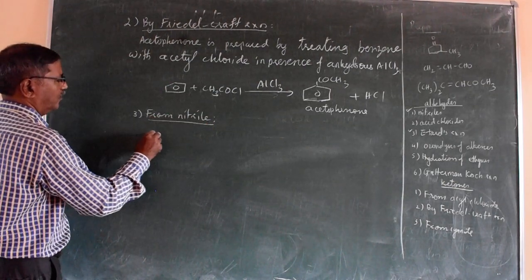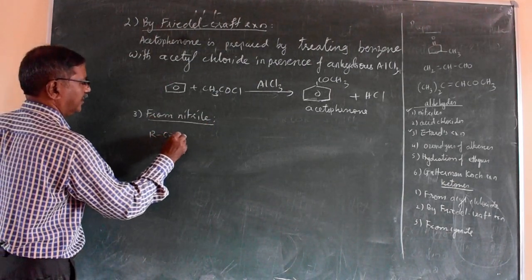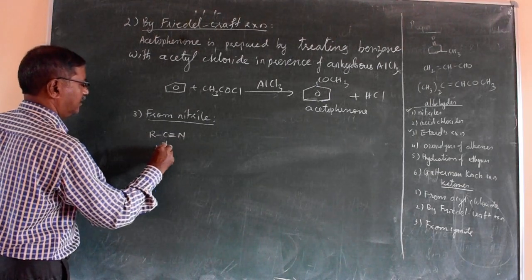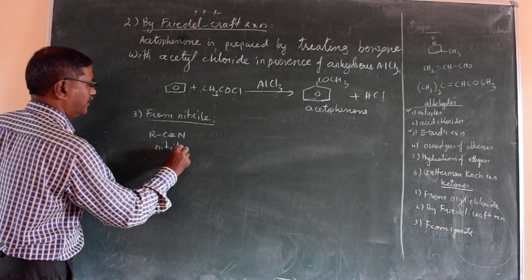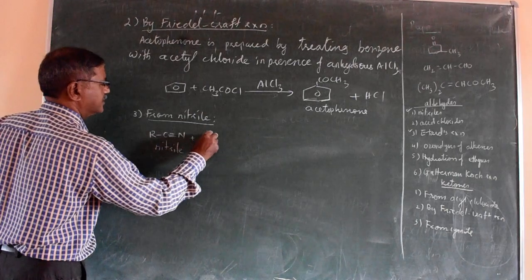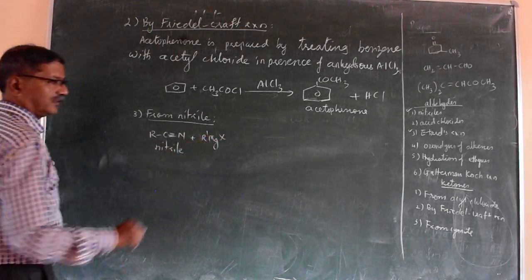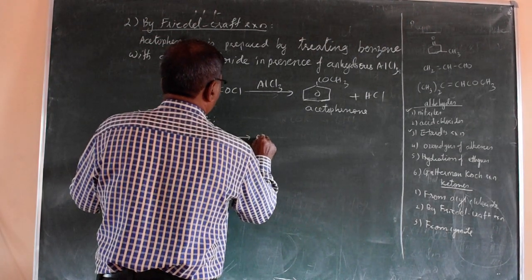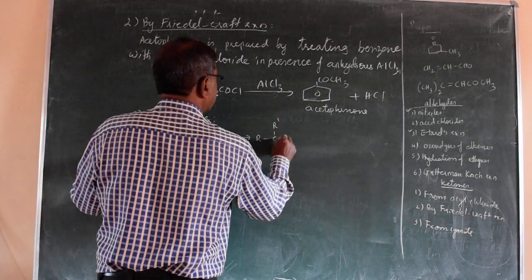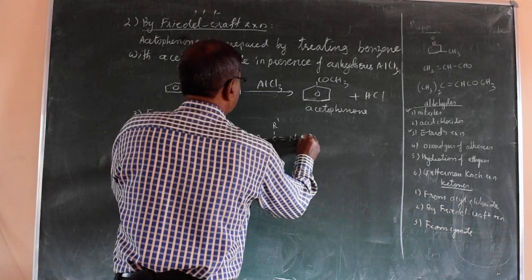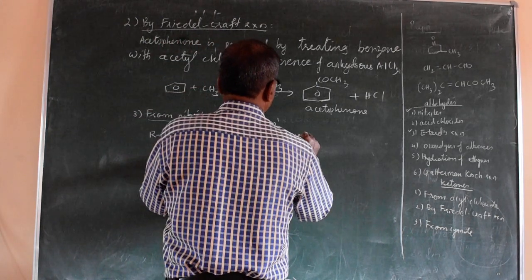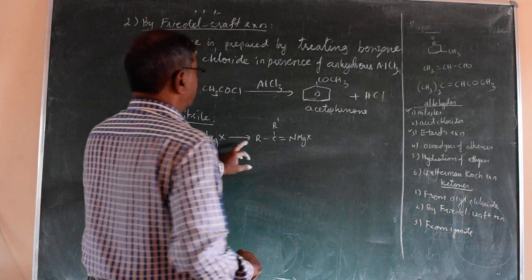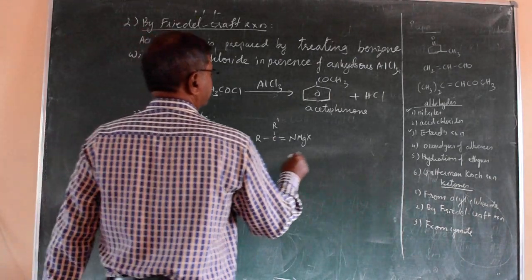So nitrile, we know, is RC triple bond N. When treated with Grignard reagent, R'MgX, the product is RC(R')=NMgX. So this is the middle product, the addition product.